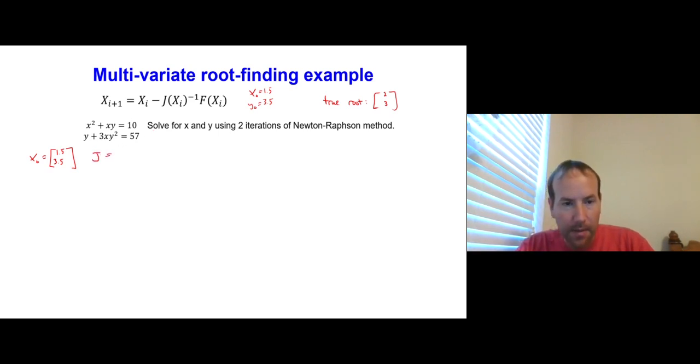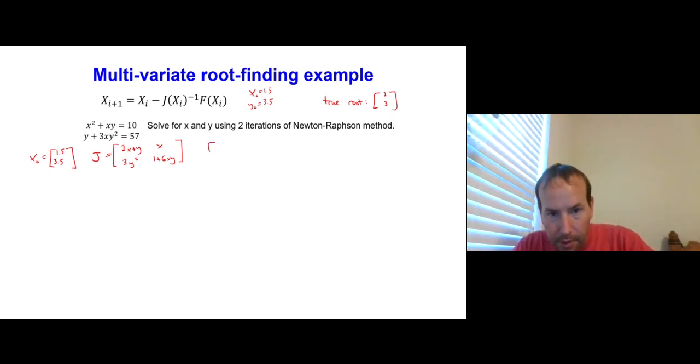You notice that this is the same equation that we just solved a little bit ago, so the Jacobian is still the same. So it's 2x plus y, 3y squared, x, and 1 plus 6xy.